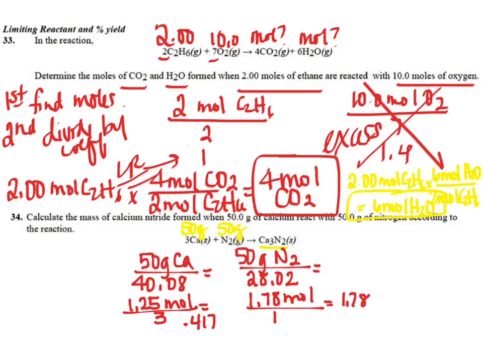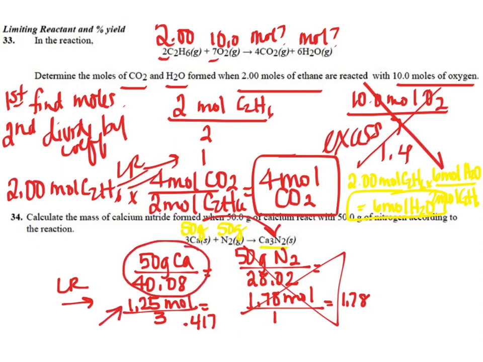So who's the limiting? Calcium is the limiting reactant. So nitrogen means nothing to us anymore. Now we can take our 50 grams and stoich that over to calcium nitride. But we've already done this math for the 50 grams, so we're going to start right here.